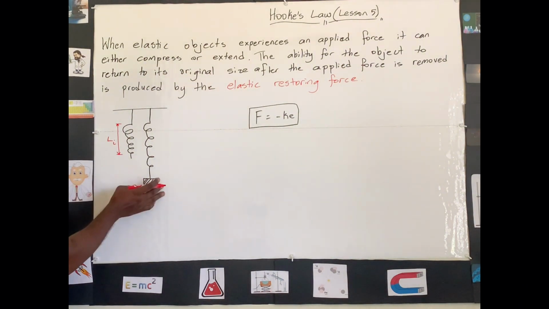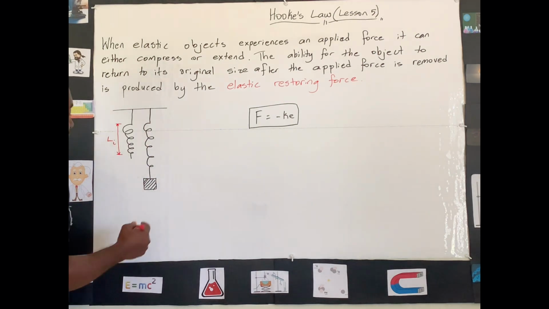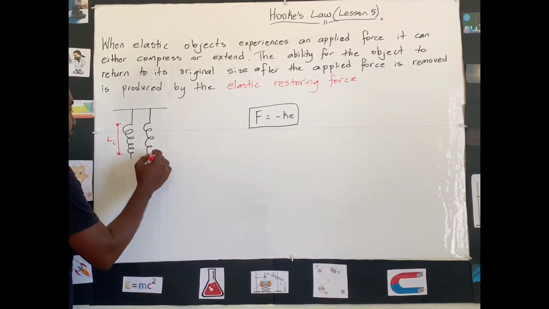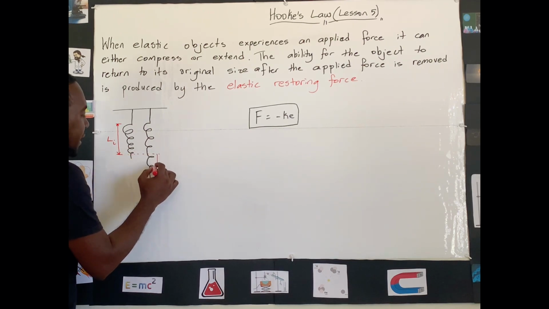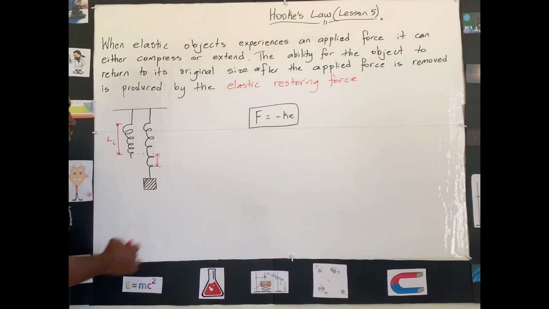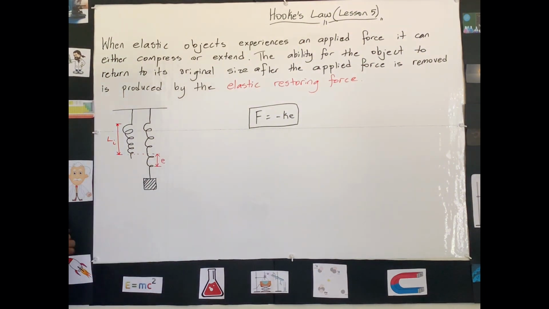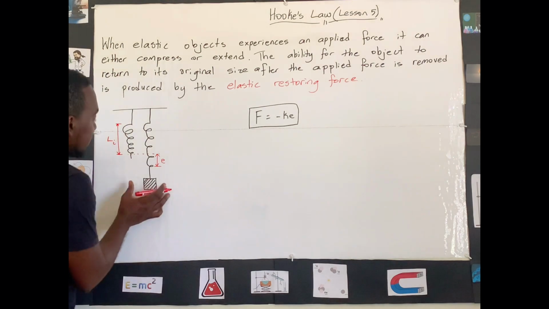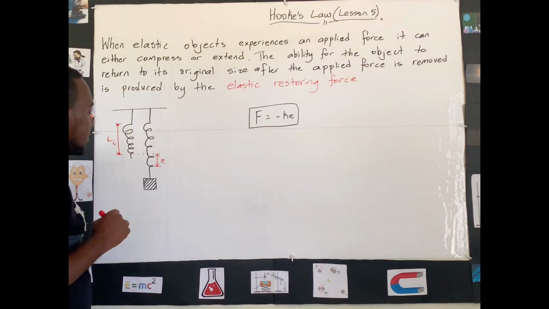Now, after we apply a mass to it, this spring will extend by this amount. That amount we will call E, or extension. So when we apply this force, or this mass, it produces this amount of extension.